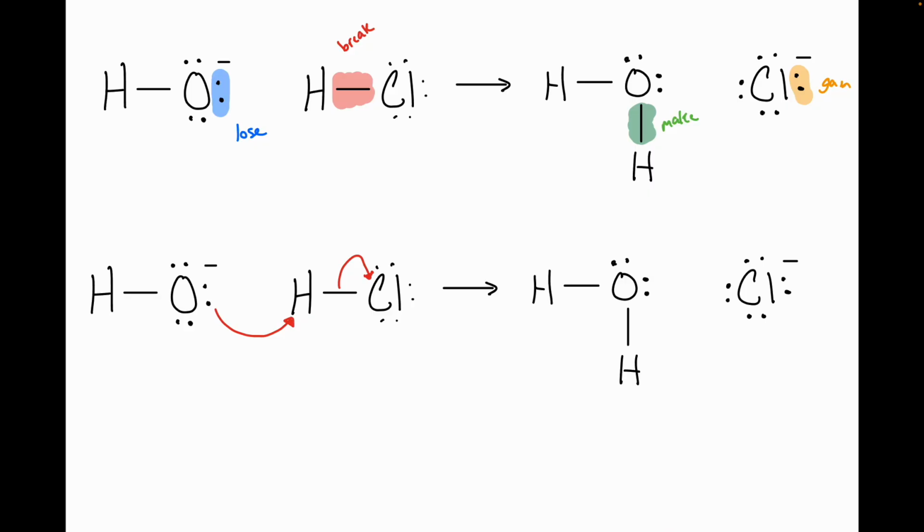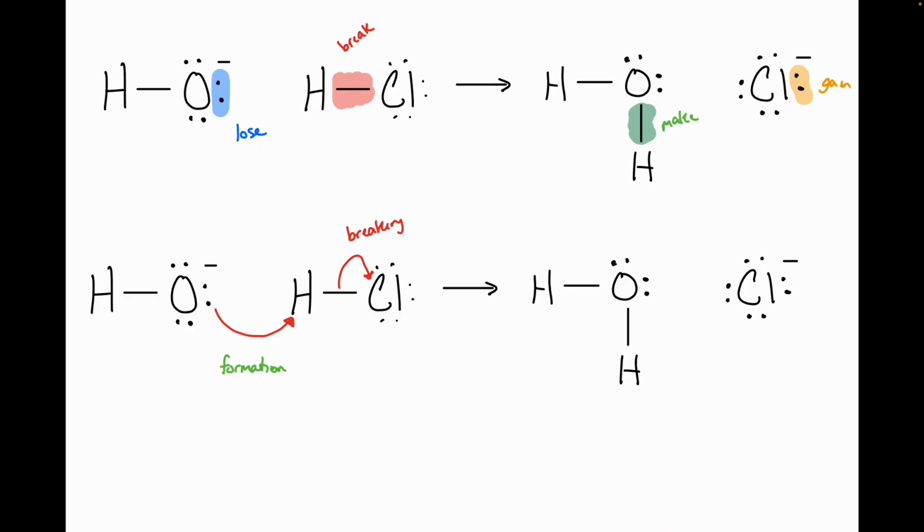Okay, so this is my bond formation arrow, and this is my bond breaking arrow. All right, not only that, but I've also shown what happens to these lone pairs. My oxygen started out with 3 lone pairs, and over here it only has 2. Well, electrons aren't just going to disappear into thin air.